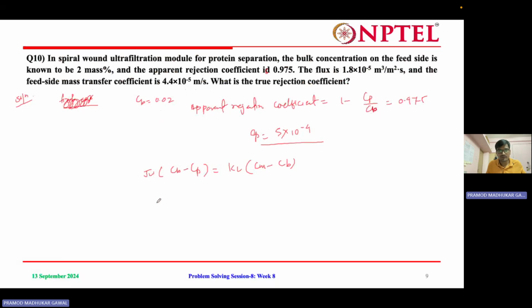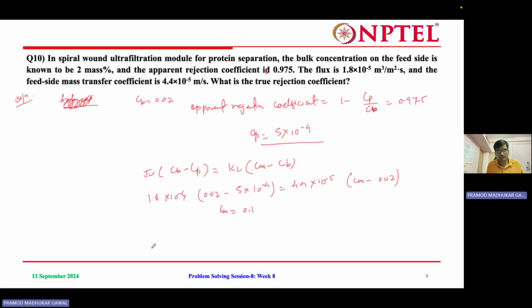So Jw given 1.8 into 10 to the power minus 5 into 0.02 minus Cp, which is 5 into 10 to the power minus 4. kL value given 4.4 into 10 to the power minus 5 into Cm minus 0.02, right? So calculate the Cm. So you will get 0.1 after calculating.